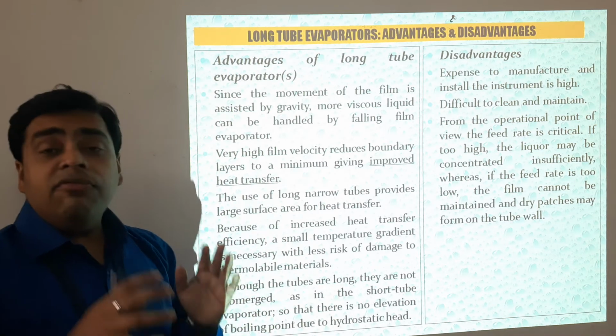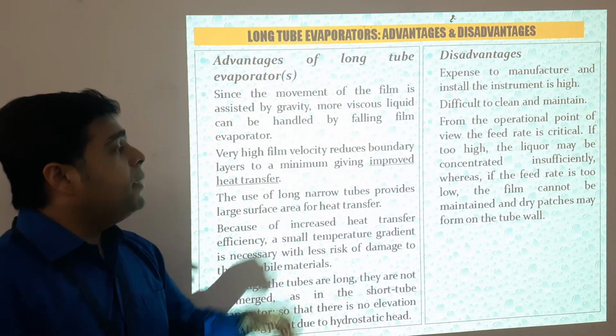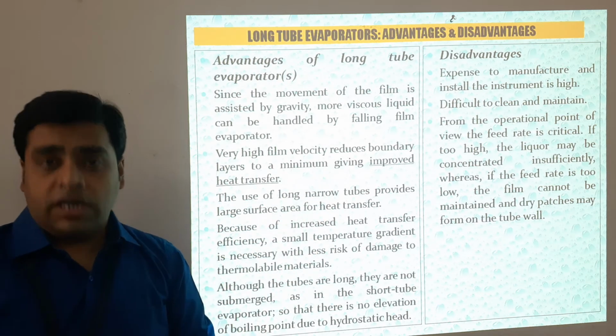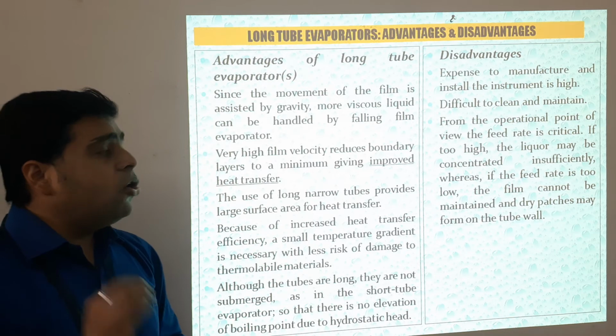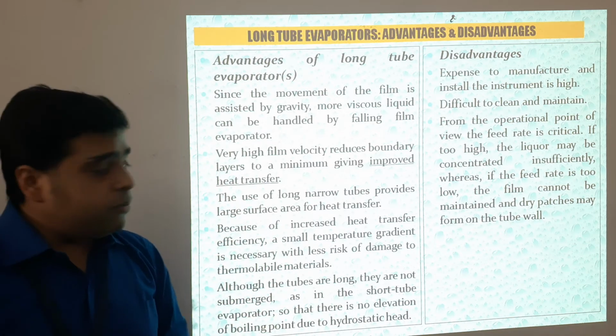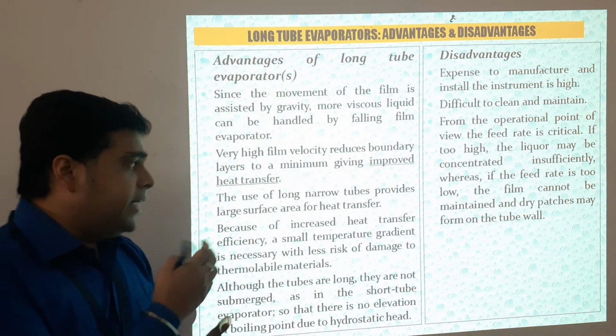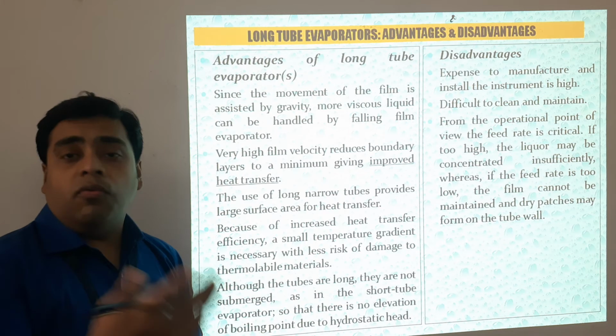Next, very high film velocity reduces boundary layers to a minimum, giving improved heat transfer. The use of the long tube provides a large surface area for heat transfer because the tubes are slender and long. So the surface area for heat transfer is quite improved.